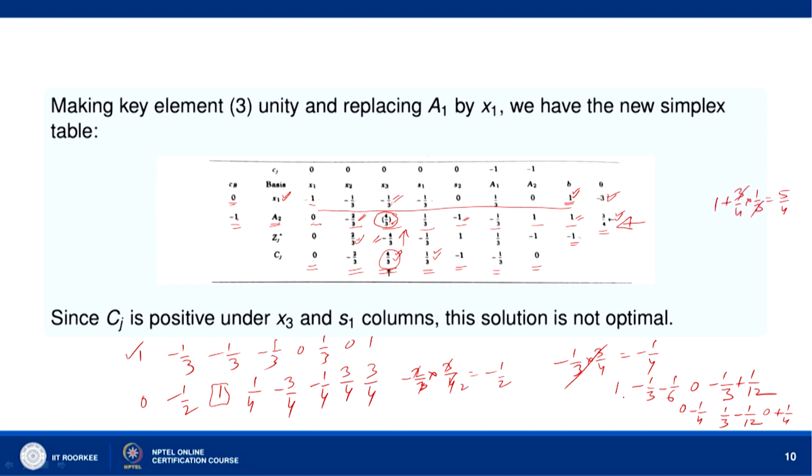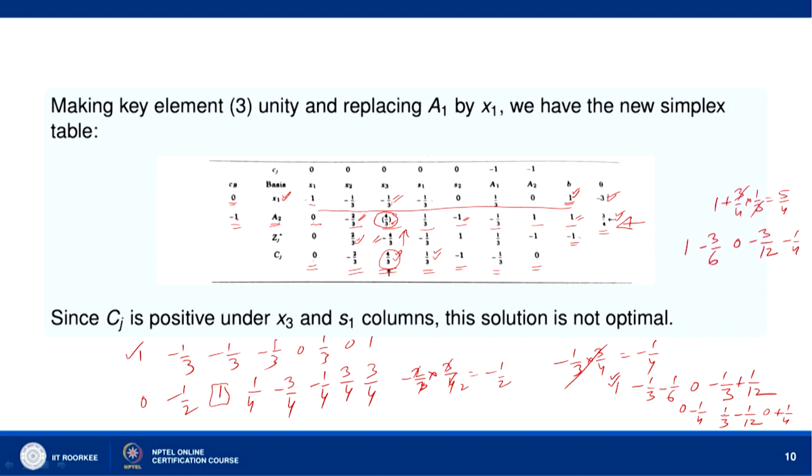So, what will be the elements now? This will remain 1, then minus 1 by 3 minus 1 by 6. So, this is minus 3 by 6. Then we have 0, then here how much we have? Minus 4 by 12. So, minus 4 plus 1, minus 3 by 12. Here we get minus 1 by 4.